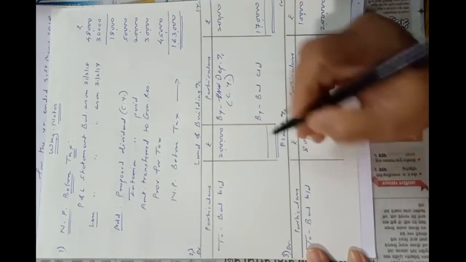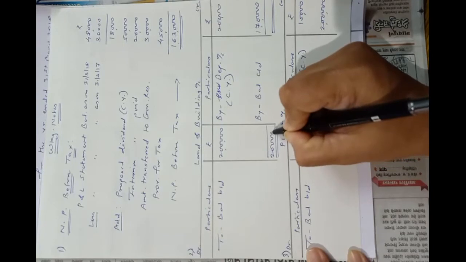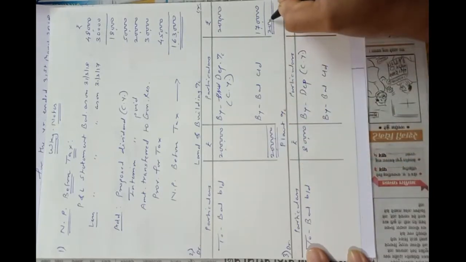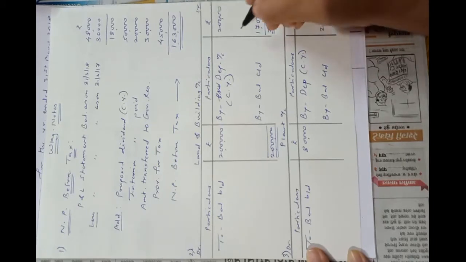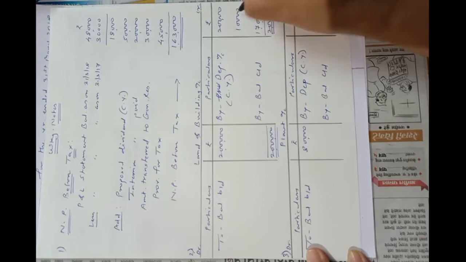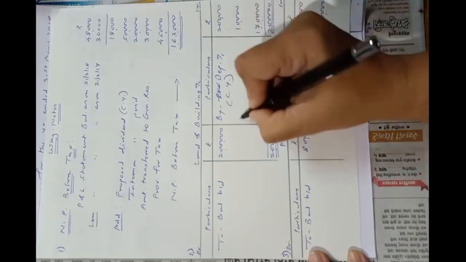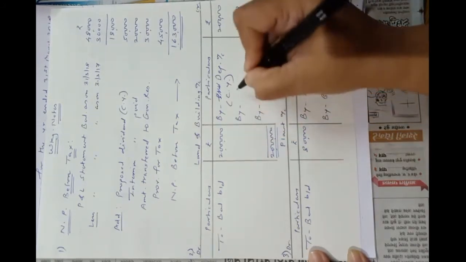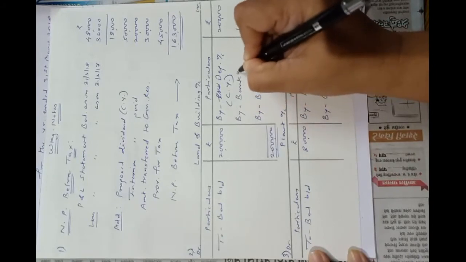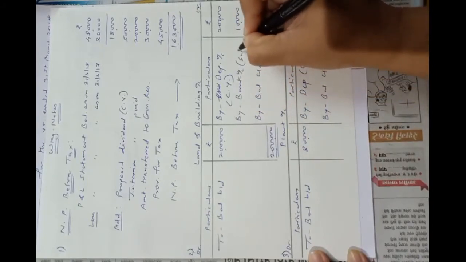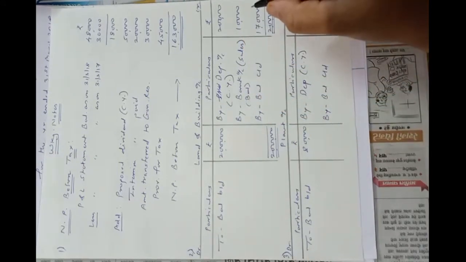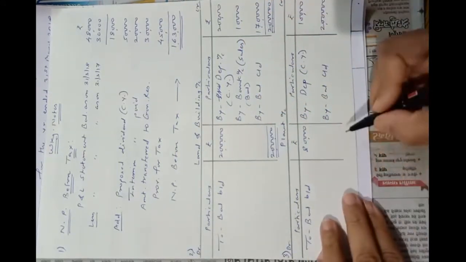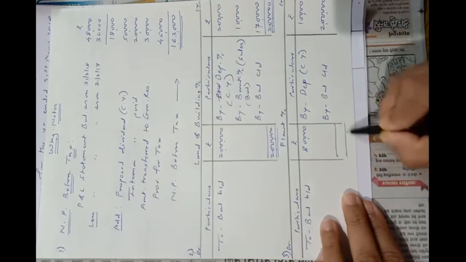Debit total is 2 lakhs. Credit total is 1,90,000. So the difference is 10,000 here, and it means it is the amount of sale, by bank account, sales. This is the balancing figure. Okay, it is of sales. Now here let's tally the plant account.